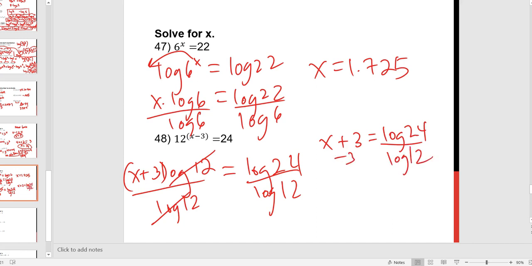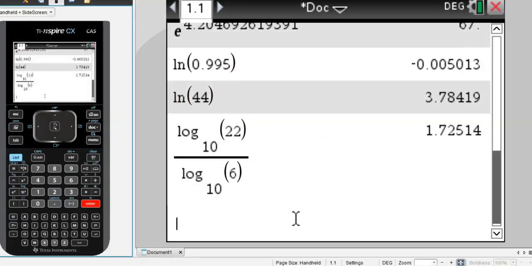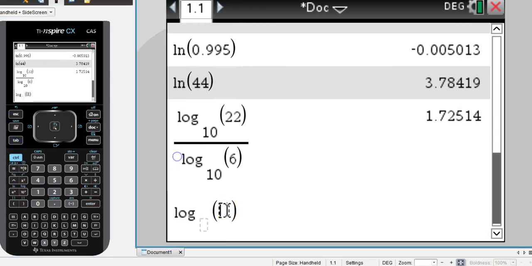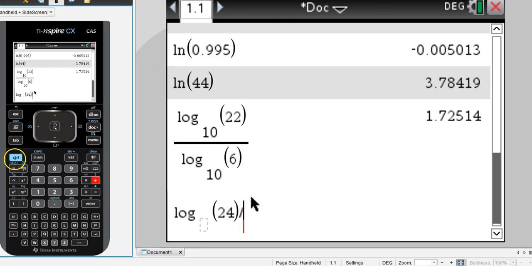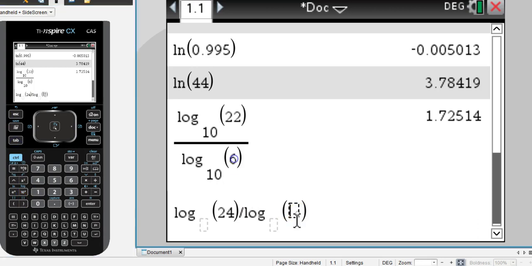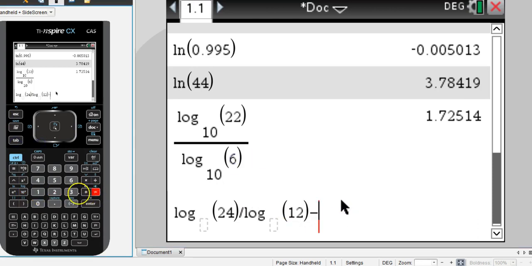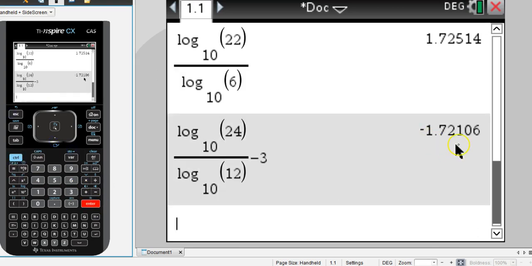And so to solve for x, we're going to subtract 3. So log of 24 divided by log of 12, and then we had a minus 3 after that. So we should have negative 1.721.